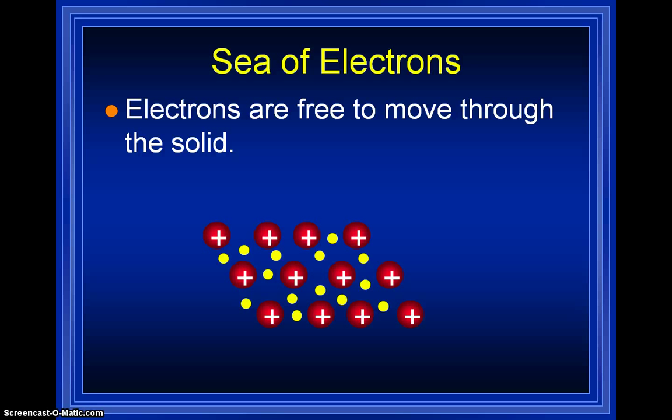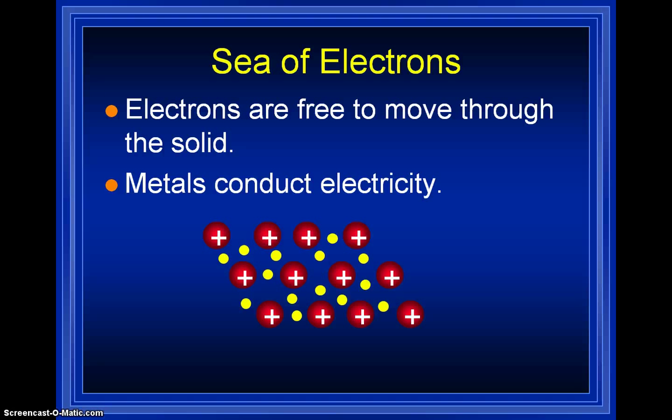Electrons can move freely through the solid of a metal, which allows them to conduct electricity. Electricity is really just the movement of electrons from one place to another, or the movement of charge from one place to another. Since metals don't hold on to those valence electrons very well, they can flow back and forth within the metal.